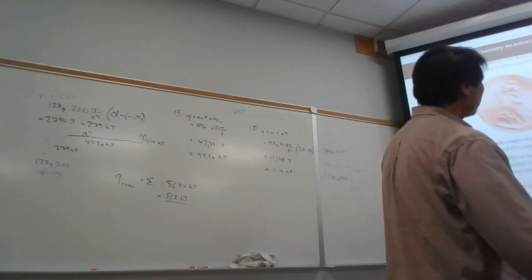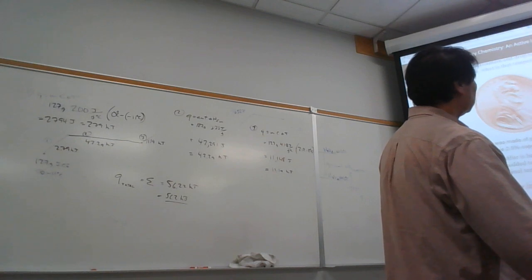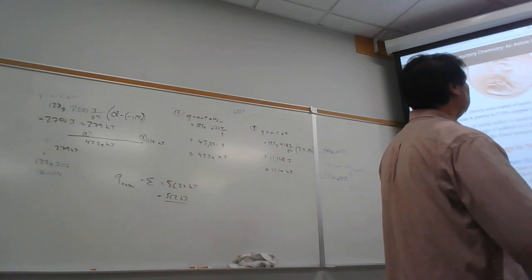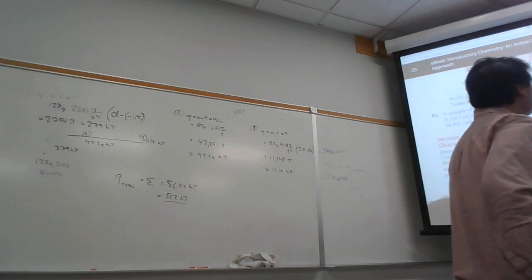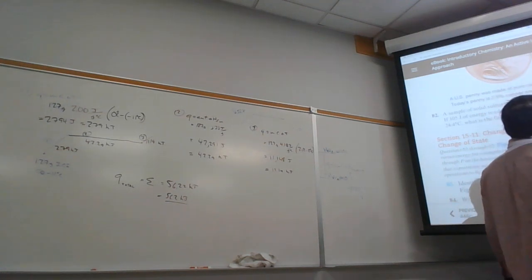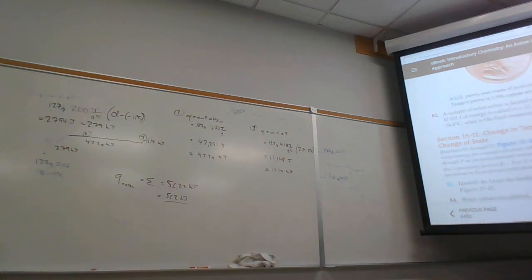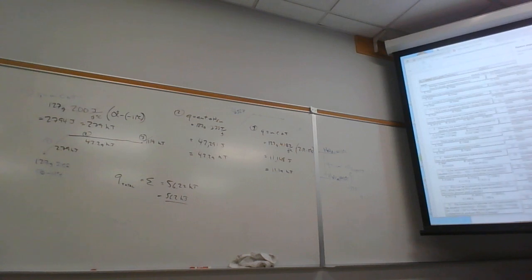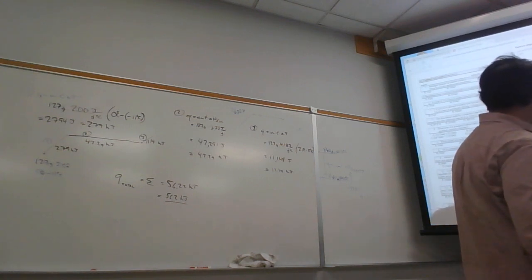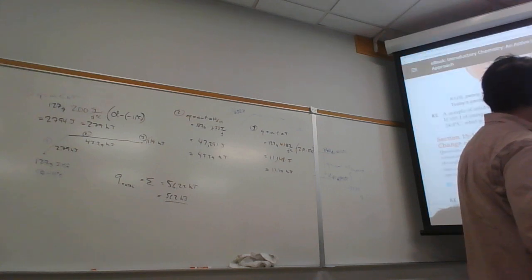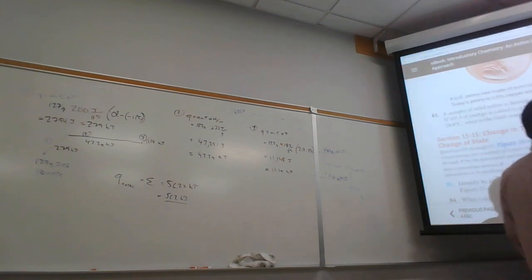So this is a typical calculation here. Pentane is not in the table, so they give us the data here. They tell us delta H of vaporization for pentane. It's 357.6 joules per gram.